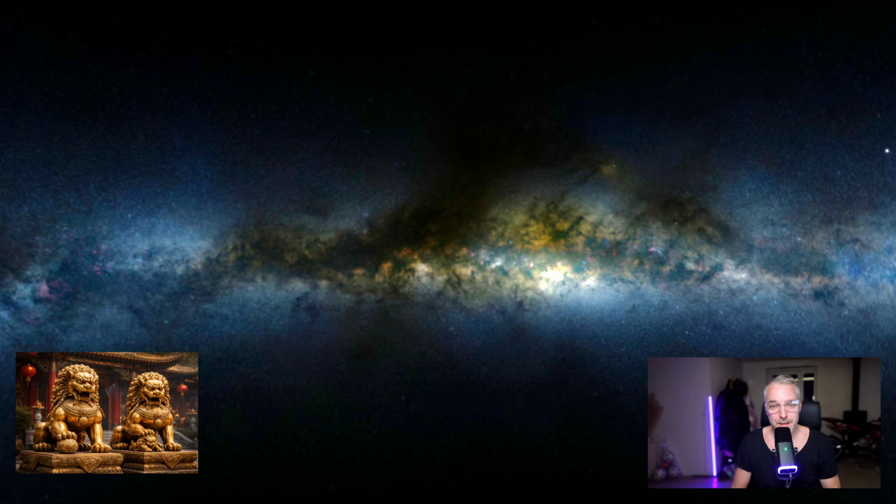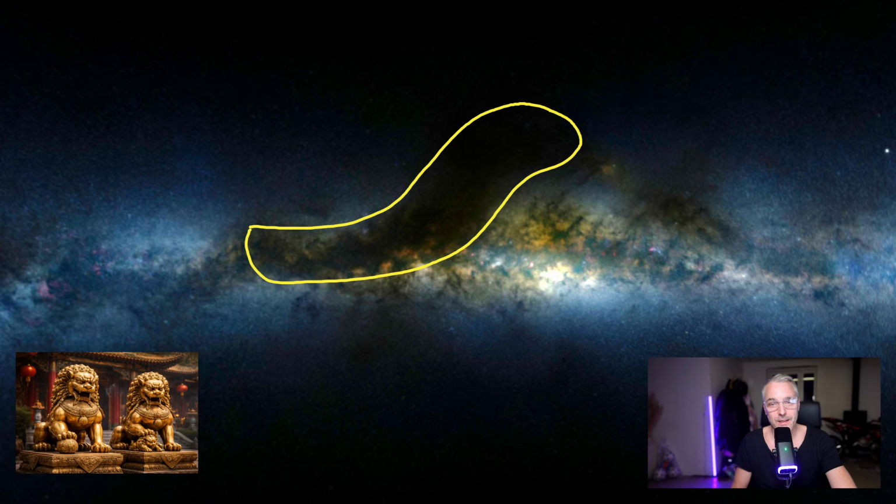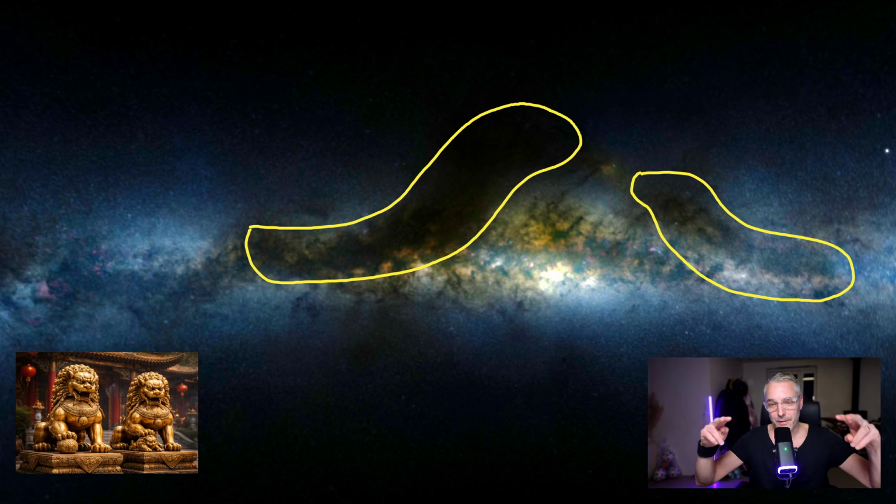And if you look at the Milky Way, it looks like two lions standing here, and it's always the two ravens or the two birds or two tigers or two lions or two of everything, on each side of something. And in this case, it's the portal.